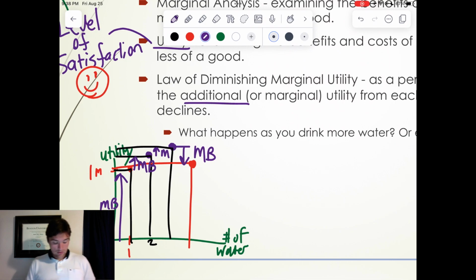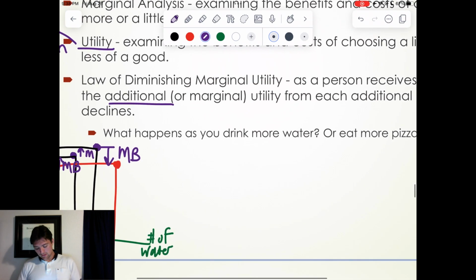So for this question, my first water bottle gave me 1,000,000, and the second one did not give me 1,000,000. Because it's not 1,000,000, that is where I'm having diminishing marginal utility. So for this example, it happened after the first water bottle.